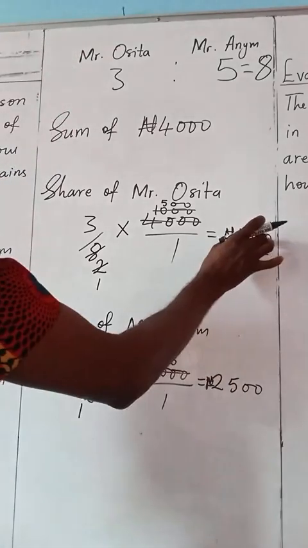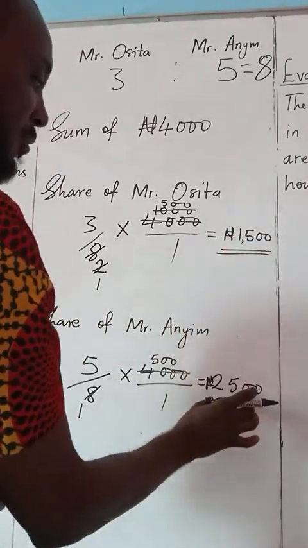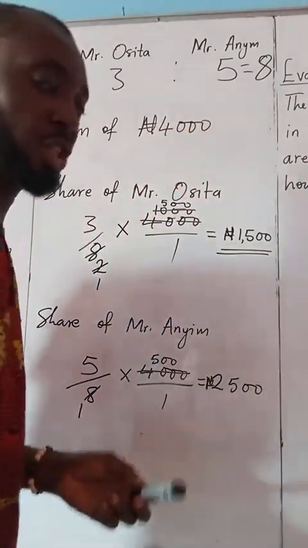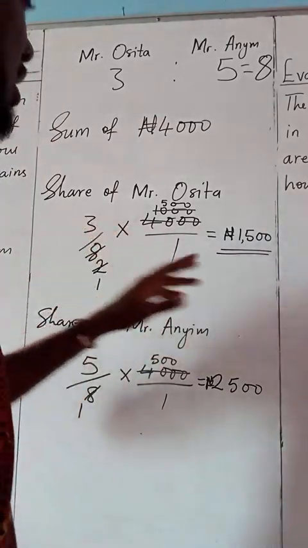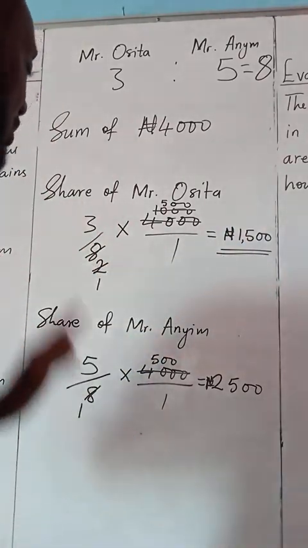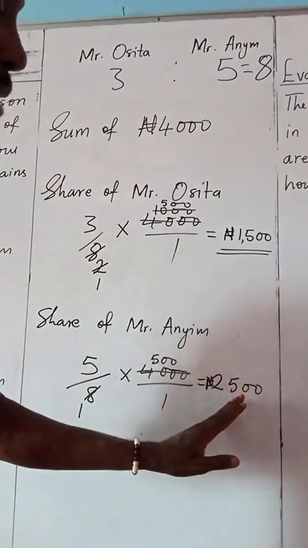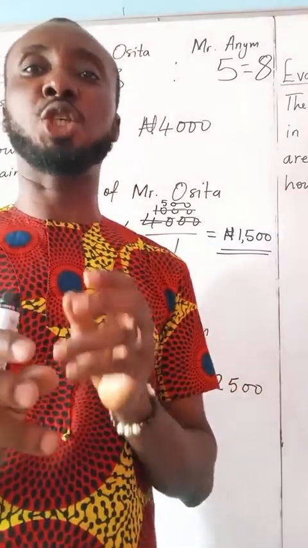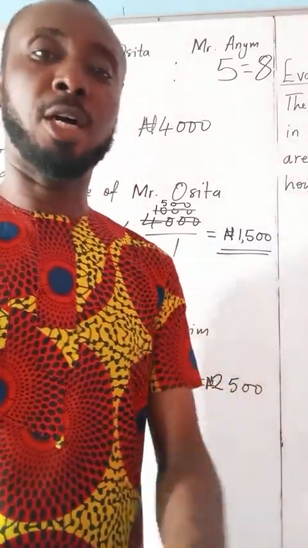Now when you add 1,500 naira to 2,500 naira, you will get the total sum of 4,000 naira that they shared. So Mr. Osita received 1,500 naira, while Mr. Anyim received 2,500 naira, because they shared the 4,000 naira in the ratio of 3:5.